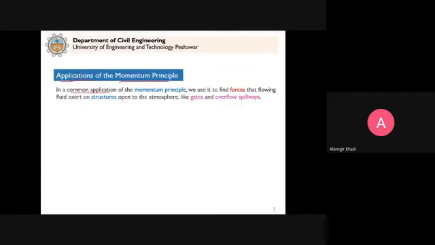Now we apply this momentum equation. In common application, the momentum principle, we use it to find forces that flowing fluid exerts on structures open to the atmosphere like gates and overflow spillways. You already see that we have water flowing in channels, streams, rivers, and we construct different types of structures for different purposes, clear, such as dams and gate structures to control the flow.